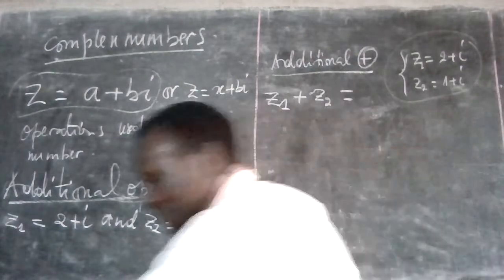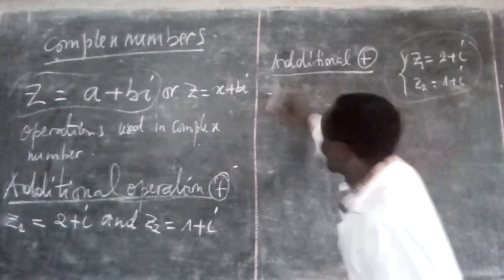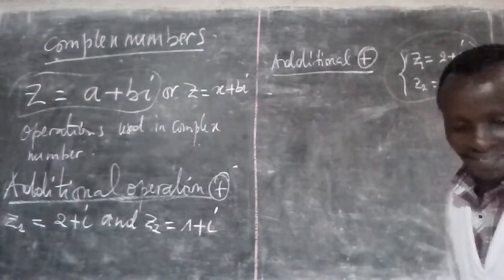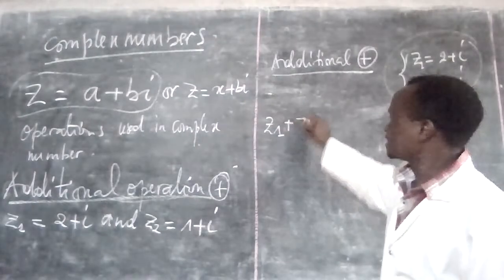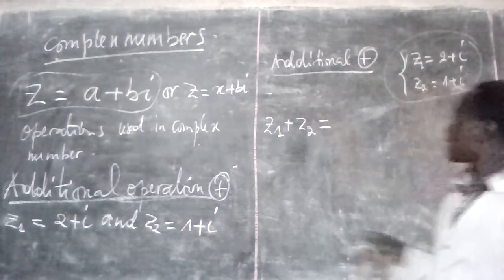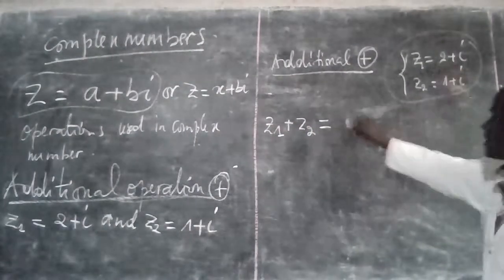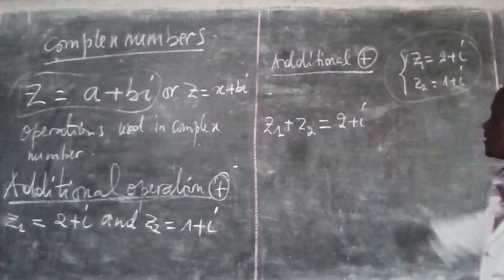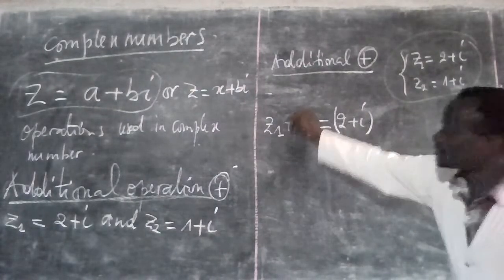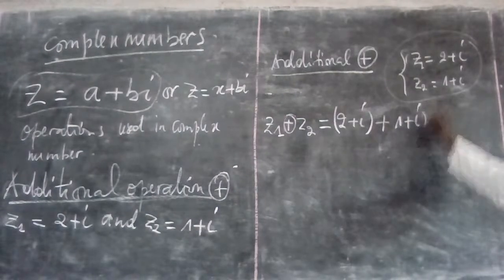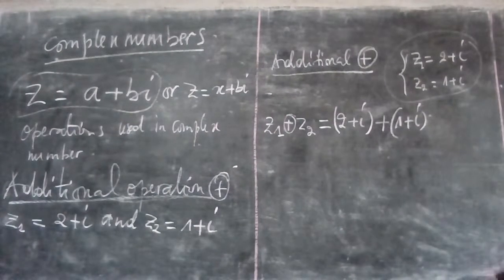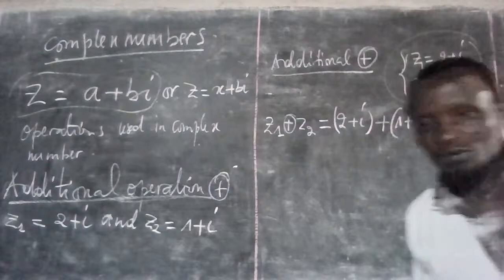Let's write them down. We should take z1 plus z2. It will be 2 plus i plus 1 plus i. Now, if we reach here, what should we do?